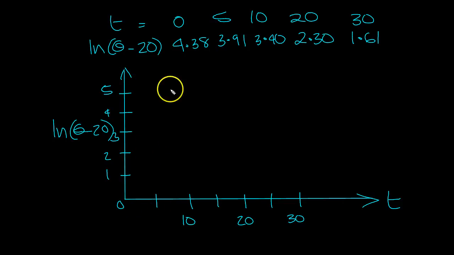Okay, so what have we got then? We've got 0, 4.38 here, 5 on the t, 3.91, 10, 3.40, 20, 2.30, and then 30, 1.61.